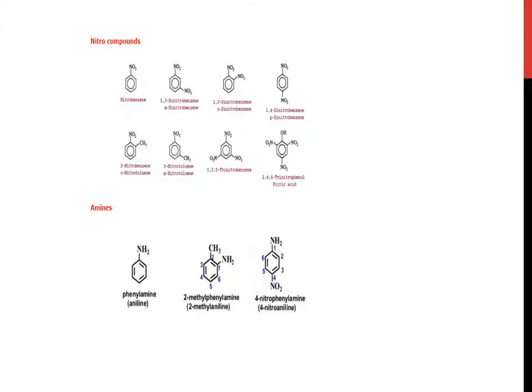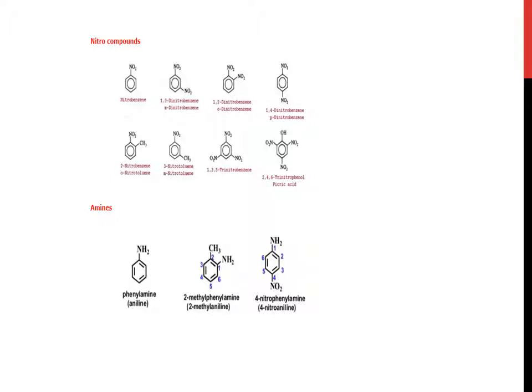Similarly, when one group is CH3 and the other group is NO2, and in the third case there are 3 NO2, then it is called 1,3,5-trinitrobenzene. And when there are 3 NO2 groups and 1 OH group, then its common name is picric acid.